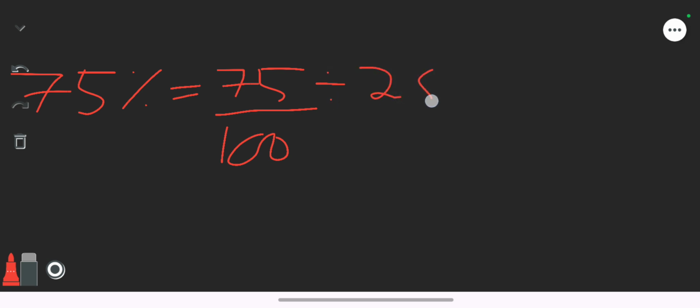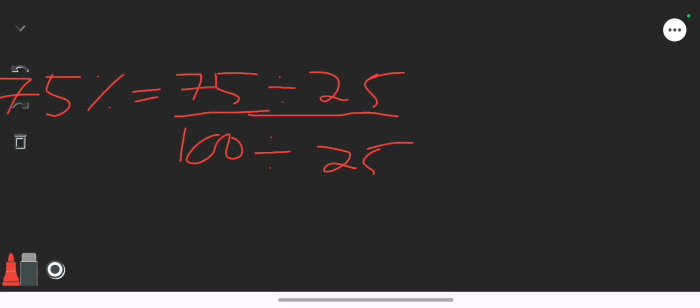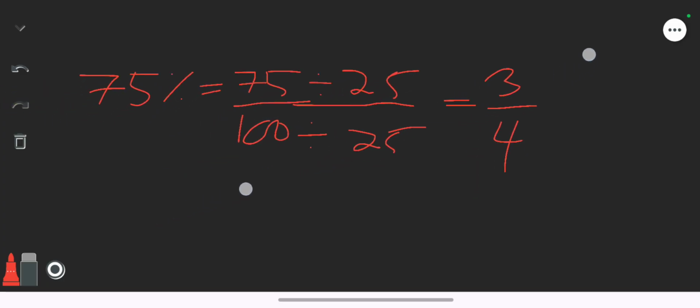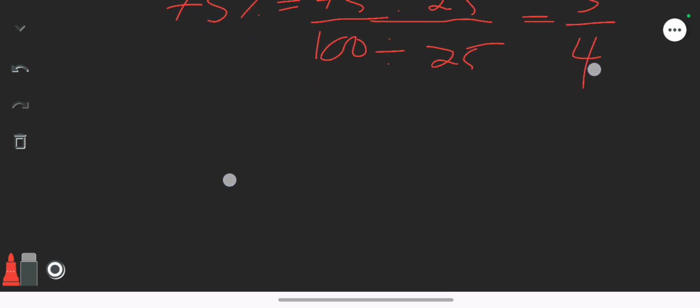So we divide by 25, and here we divide 100 by 25. By using 25 as our greatest common factor for both the numerator and the denominator, we will end up getting 3/4. Simple as that.